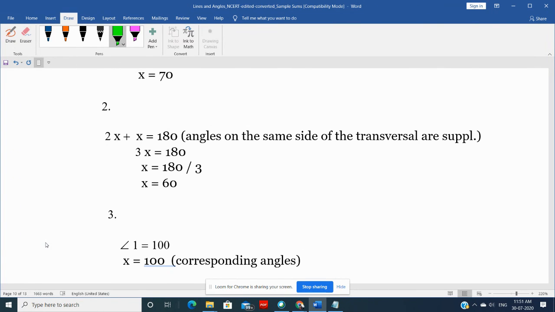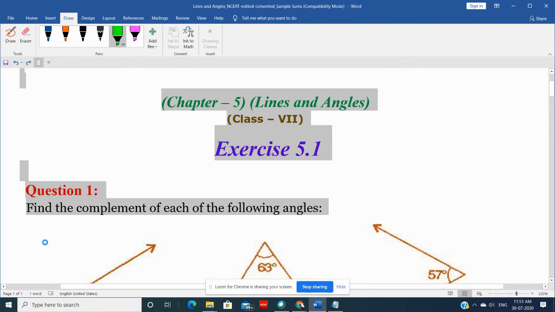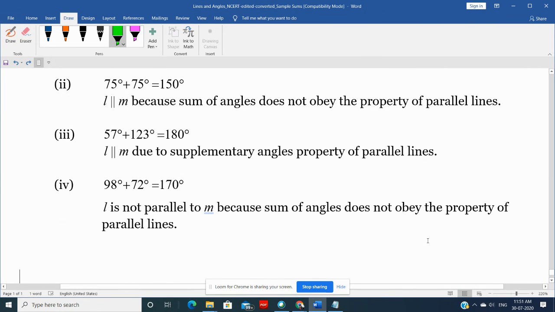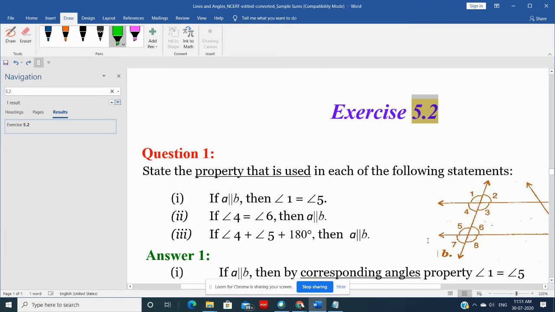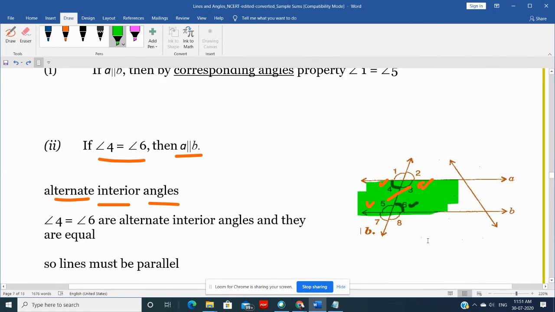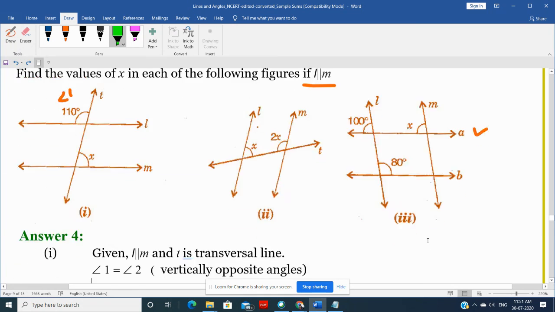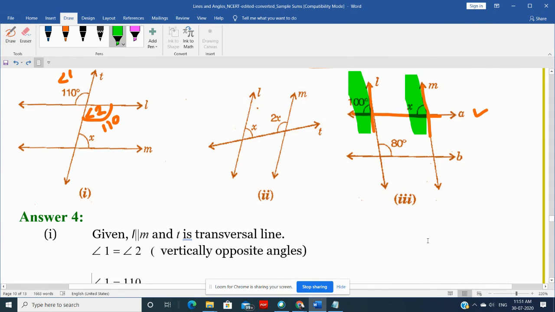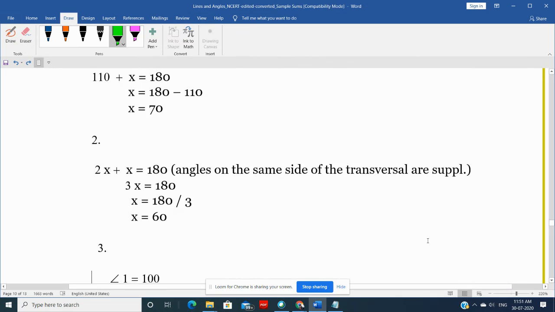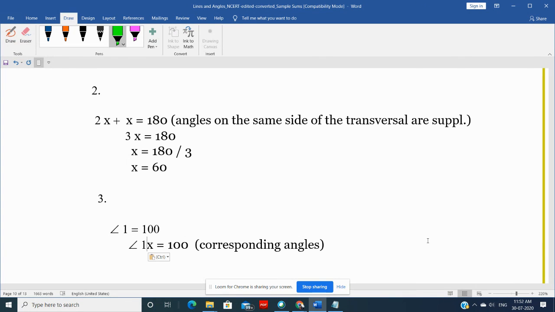Why? Because of corresponding angles. I would suggest that we give these angles names. Let's call this angle 1. So we can say that angle 1 is equal to 100 and angle 1 is equal to x. And x is equal to 100 because they are corresponding angles.